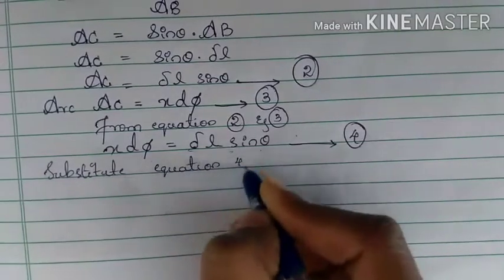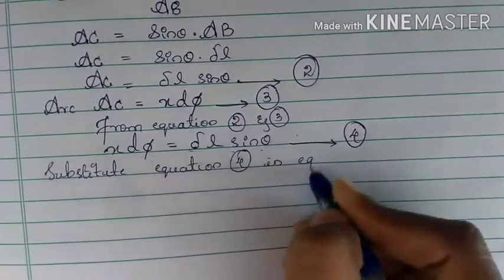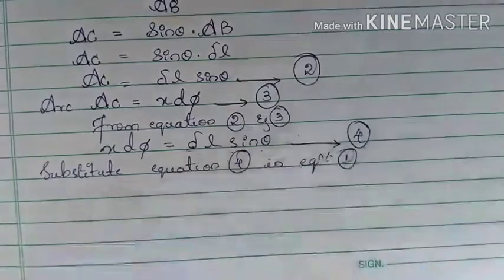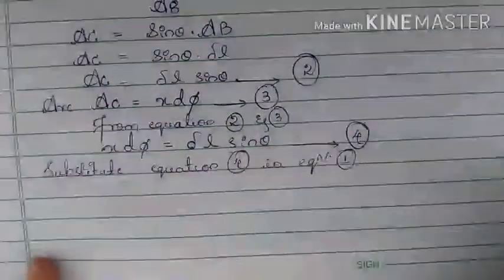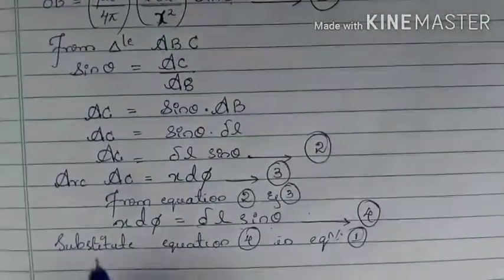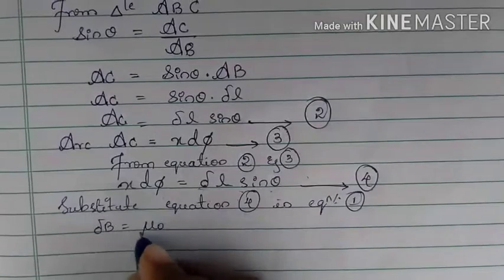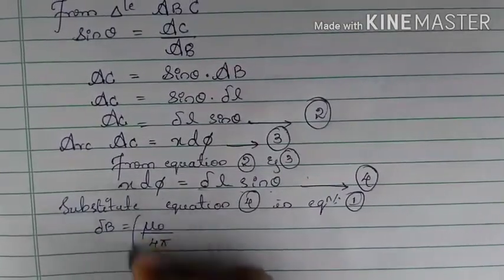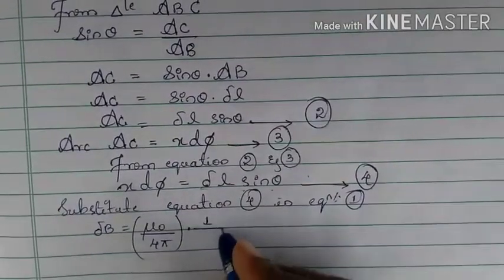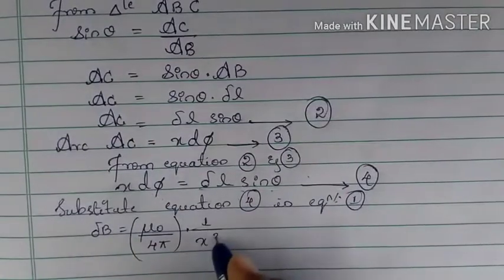Equation 4 in equation 1. So what was equation 1? Delta B is equal to mu naught by 4 pi into 1 by x square.